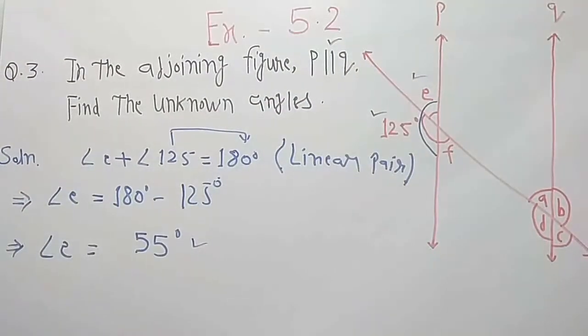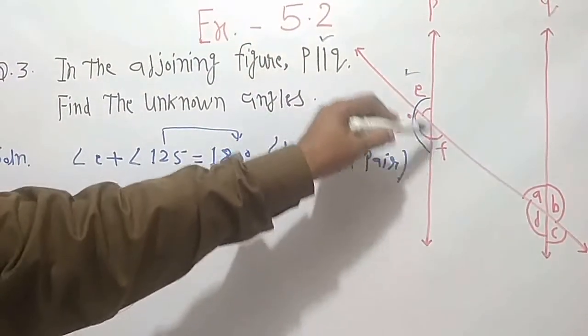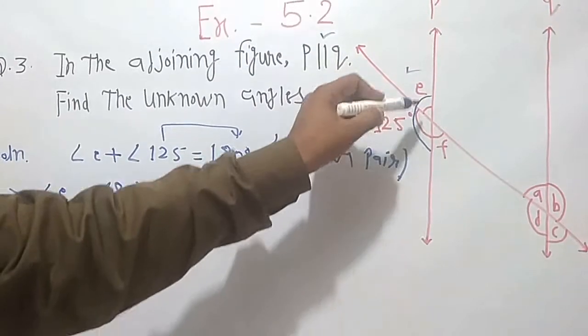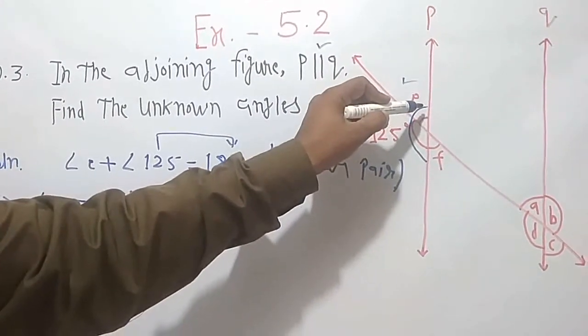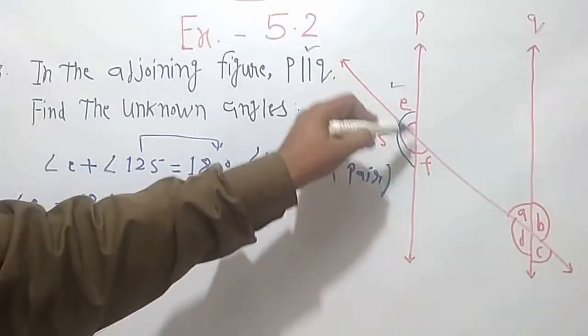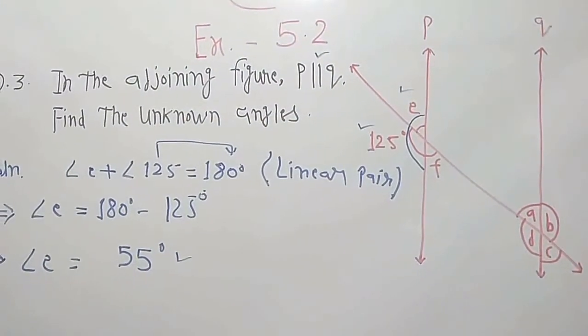So E is derived now, and the angle F is just opposite to this. It is vertically opposite because this is the transversal and E is situated on this side and F on the other side. So these two are vertically opposite angles and they are equal.